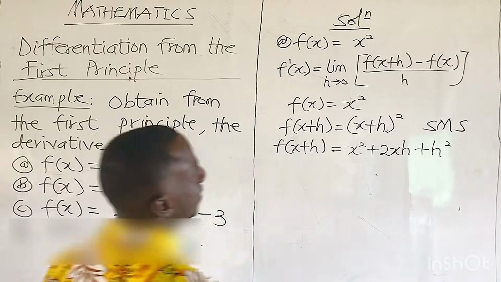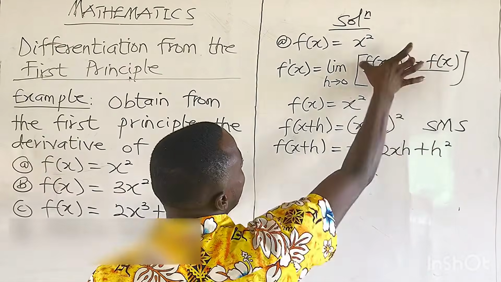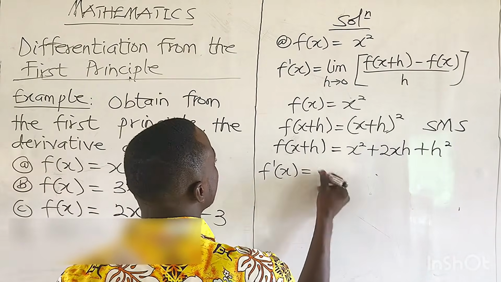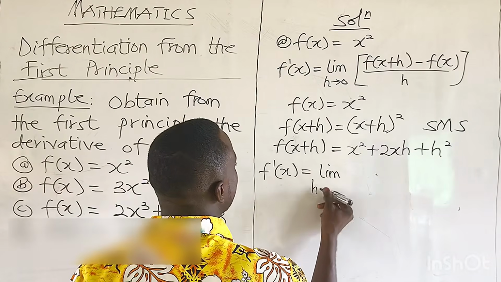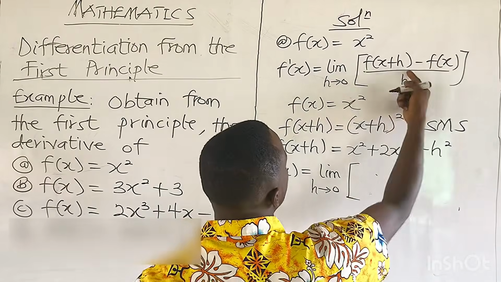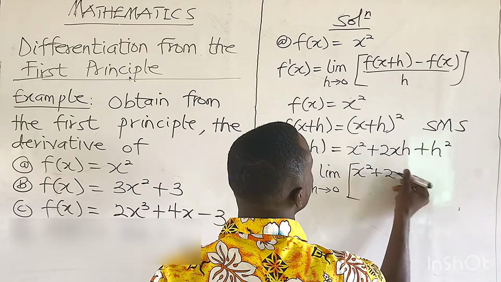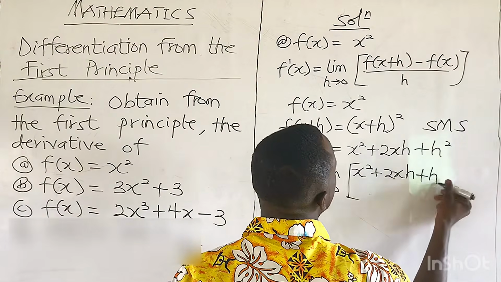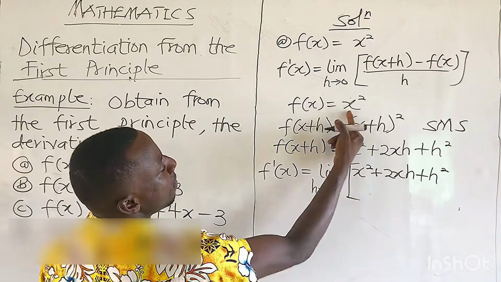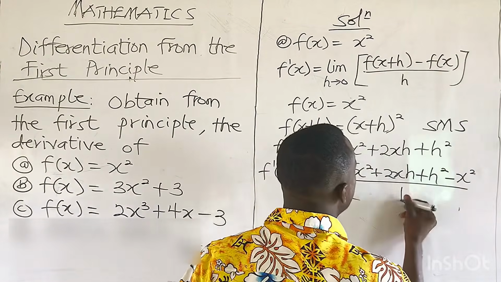In that case, I will substitute what I have here inside this. So f prime of x is equal to the limit as h approaches 0 in a big bracket. The whole of this is the same as this. So we have x squared plus 2xh plus h squared minus f of x, and I have f of x to be x squared, all over h.